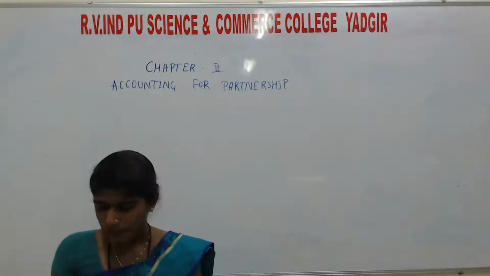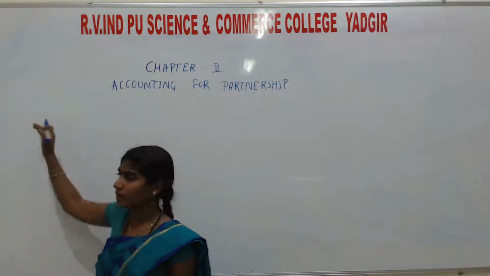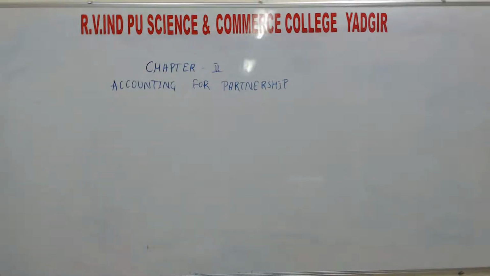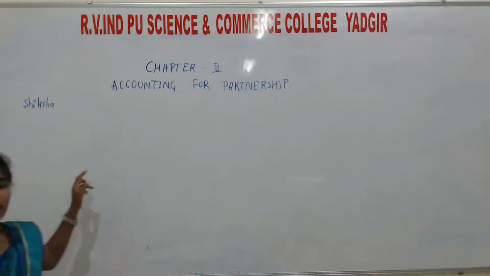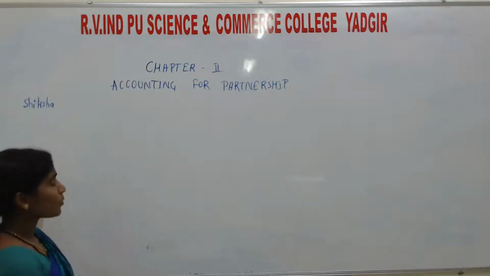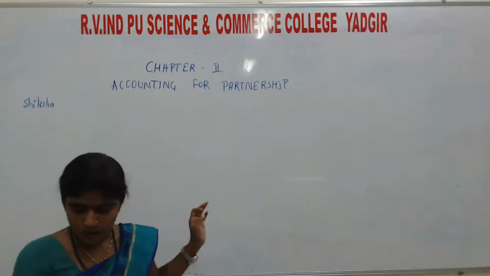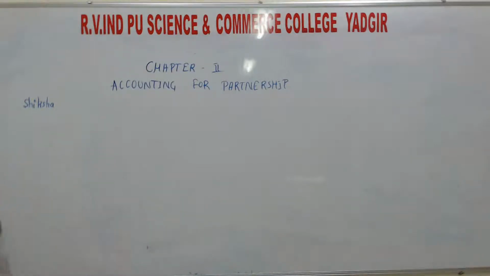So who are the partners here? I will write here: Rakhi and Shiksha. Rakhi's capital is rupees 2 lakh and Shiksha's capital is rupees 3 lakh.